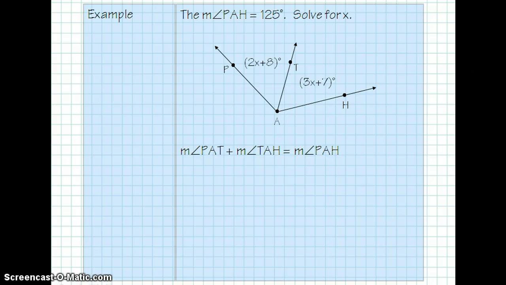The measure of PAT is 2x plus 8. The measure of angle TAH is equal to 3x plus 7, and the whole thing is 125. So we combine our like terms together, and again we're solving for x, so we want to make that 15 go away, so we subtract it from both sides and then divide by the number in front of x, and we get 22.